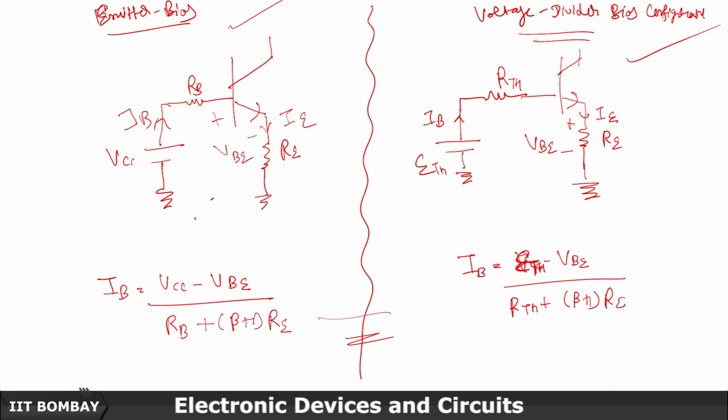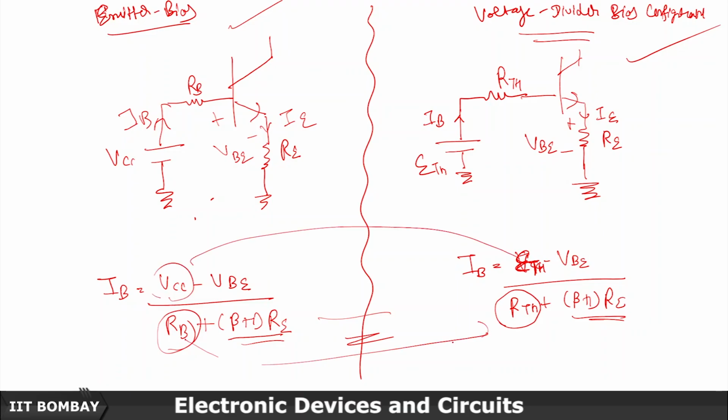If you just compare these two expressions, here (beta plus 1) RE is same. Here RB is replaced by RTH and VCC has been replaced by ETH. So it does not look like a lot of difference, but let us do a comparison.